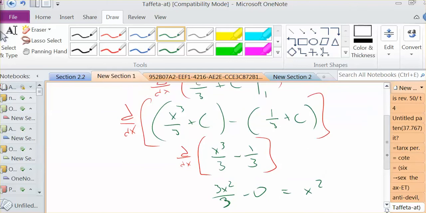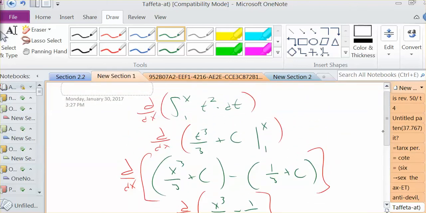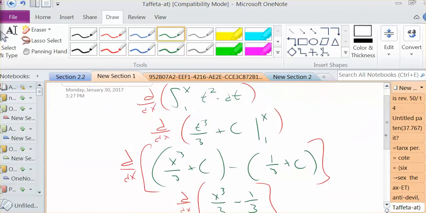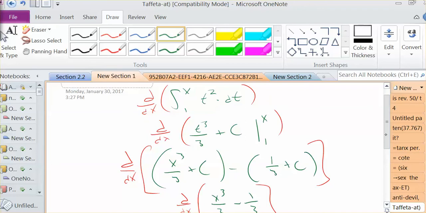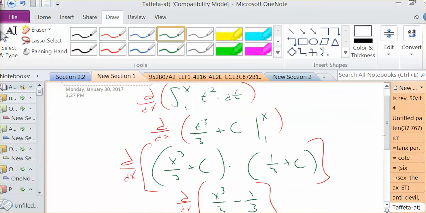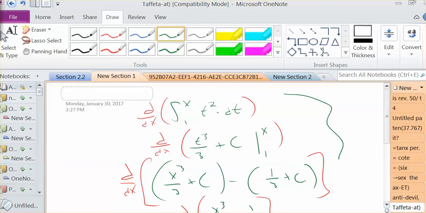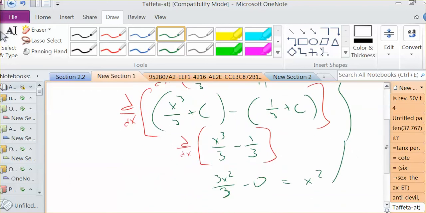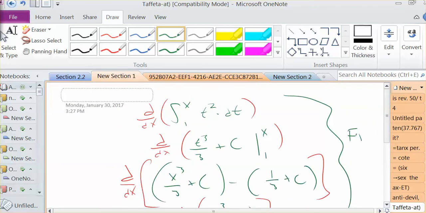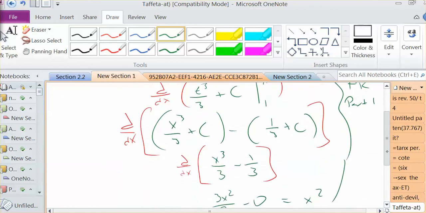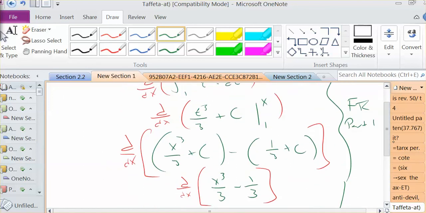So it's interesting to note that we had t squared as our integrand, and when I did the definite integral and then the derivative afterwards, it's basically the same thing, just x squared. All this is basically FTC part 1. And that's what we're going to utilize for our examples on page 4 and 5.